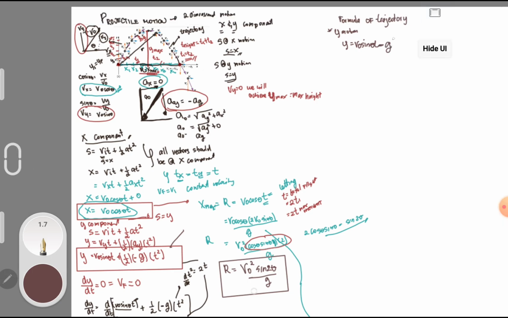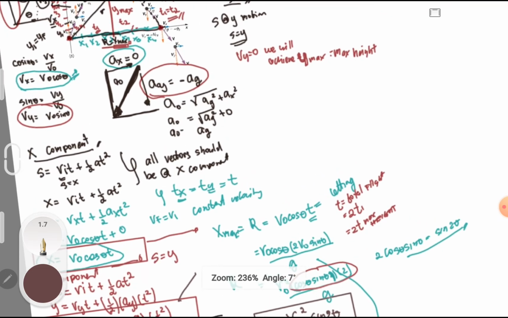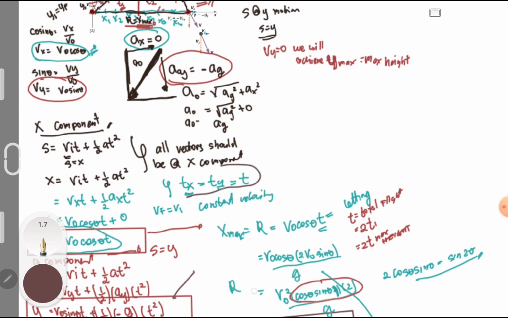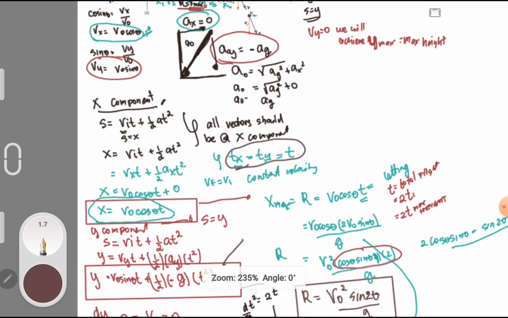So negative g multiplied by 1/2 multiplied by our t squared. Take note that as I have said a while ago, your tx is equal to your ty, which is equal to your t. So lalagay natin yung x component dyan. Pwede natin gamitin to, tama?